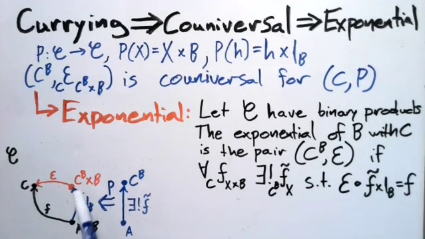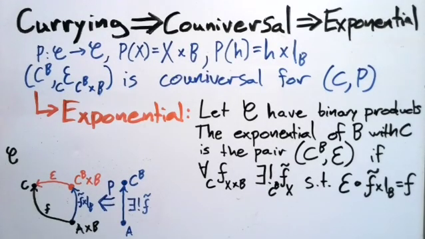The evaluation map after F tilde cross 1B, from X cross B into C superscript B cross B, which basically says if we evaluate the curried version of the function by the inputs and do that across all the inputs, they always have to correspond to what F assigns it to.